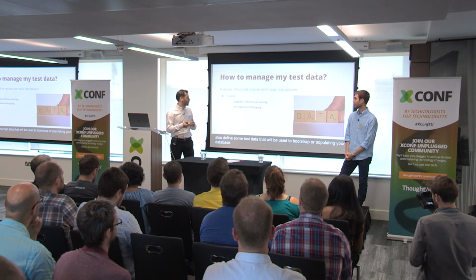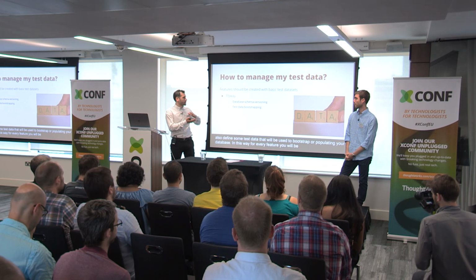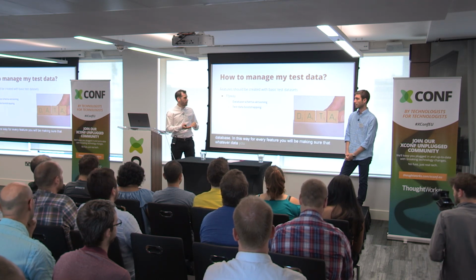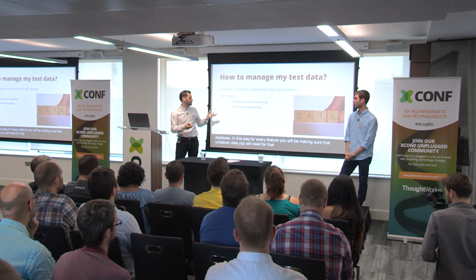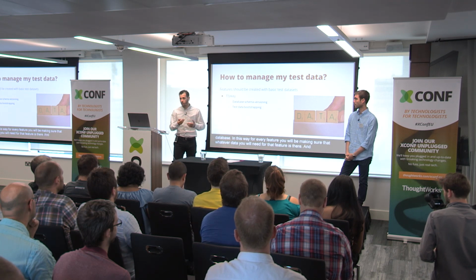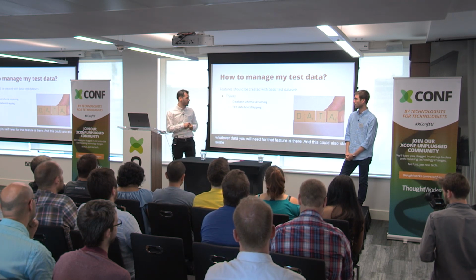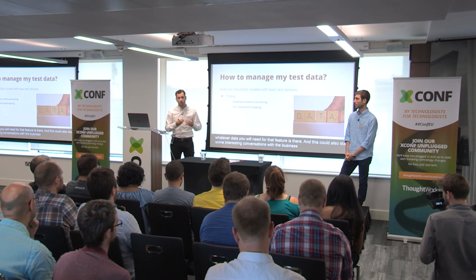In this way, for every feature, you will be making sure that whatever data you need for that feature is there. And this could also start some interesting conversations with the business people to figure out what is the data that you actually need.